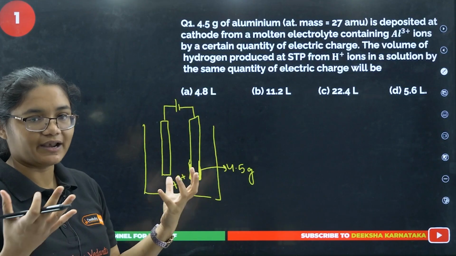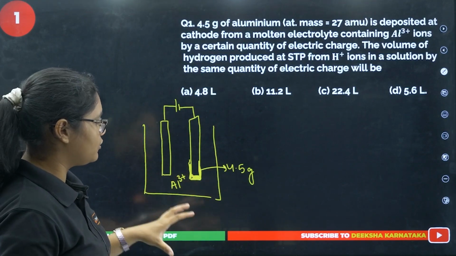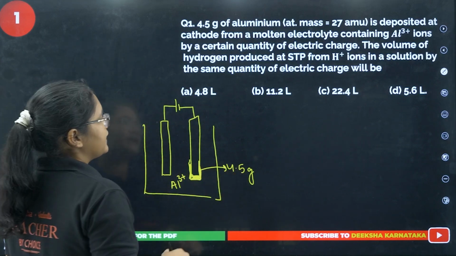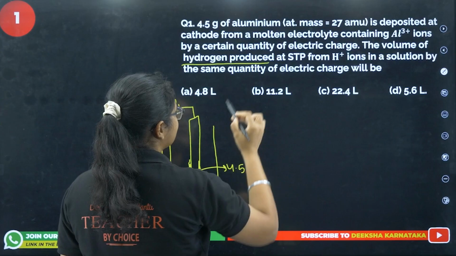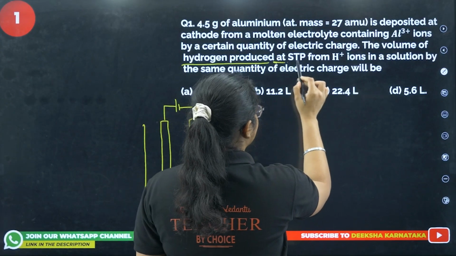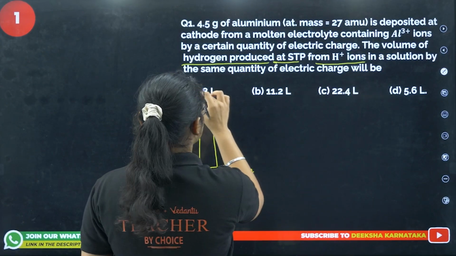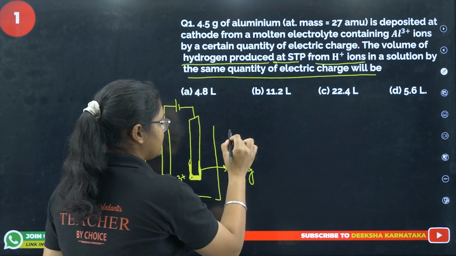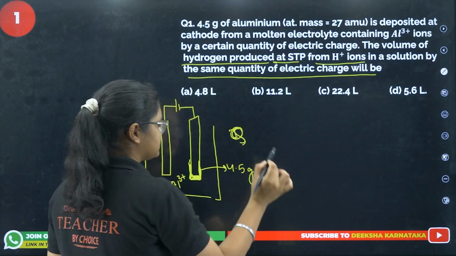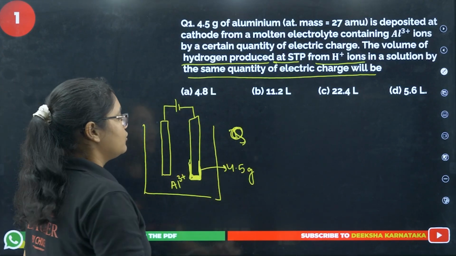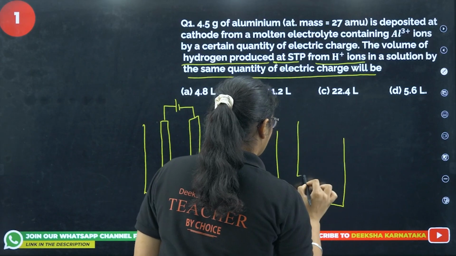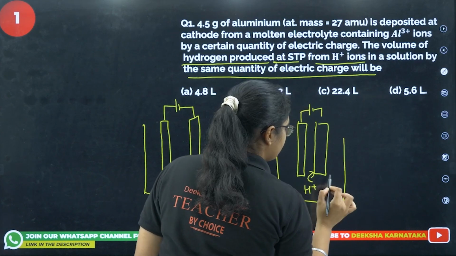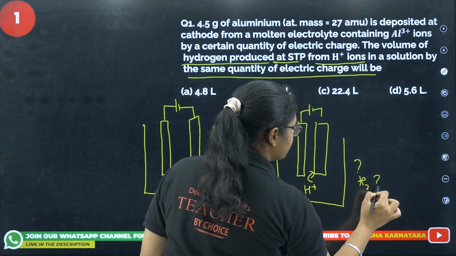We don't know how much electric charge is given, but with a certain amount of charge, this much is deposited. Now the question is saying, what will be the volume of hydrogen gas produced at STP from H plus ions in a solution by the same quantity of electric charge? Let the charge passed here be Q. If I pass the same amount of electricity in another chamber where I have H plus ions, then how much volume of H2 gas will be evolved?